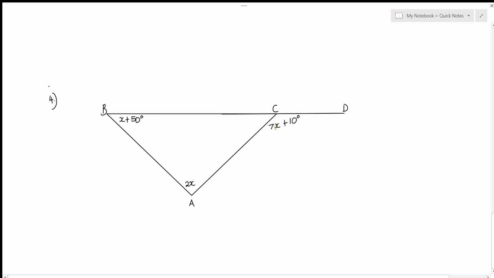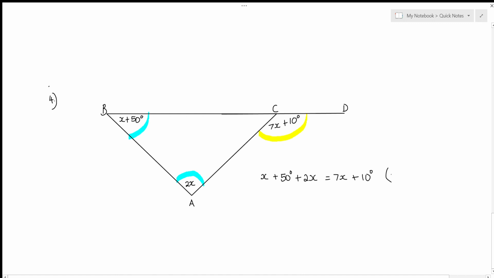The exterior angle is equal to the sum of the interior opposite angles, that angle plus that angle. So when we work it out, we're going to say x plus 50 degrees plus 2x is equal to the exterior angle, which is 7x plus 10 degrees.